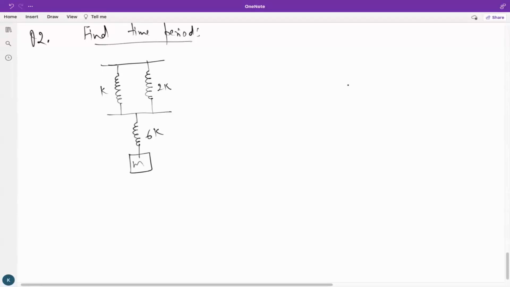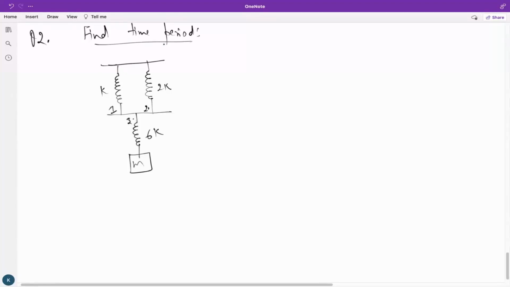So what we have to do here, look at this spring: if I term it as spring 1, this spring as spring 2 and this spring as spring 3. So 1 and 2 are in parallel, right? This spring and this spring are connected in parallel. We don't know how spring 1 and 3 are connected, we don't have any idea.